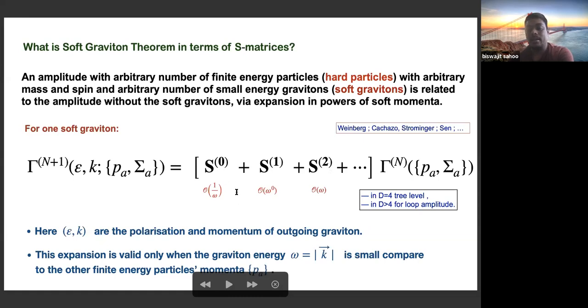I have written these terms as S0, S1, S2 as a power series expansion in omega, where S0 goes like 1 over the energy of the soft graviton, S1 is energy to the power 0, an order 1 quantity, and S2 is order omega, and possibly also higher order terms. I should explain that this power series expansion in omega is true in d equal to 4 only at tree level, and for d greater than 4, it is valid at all loop orders.